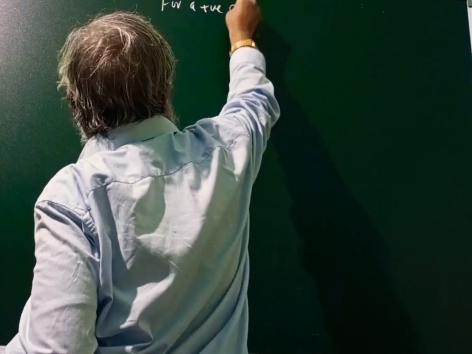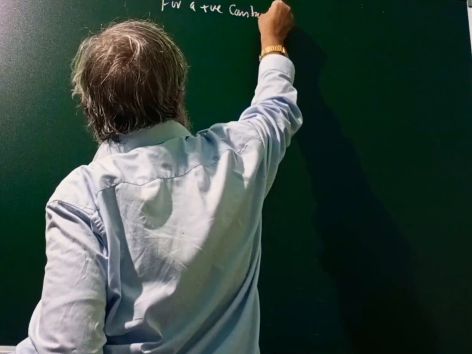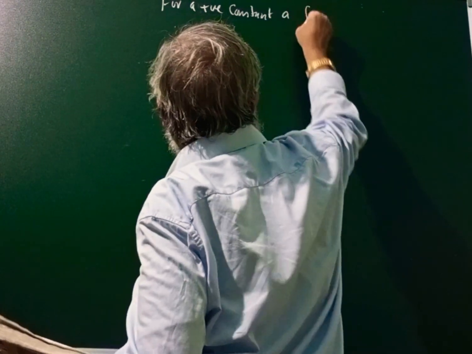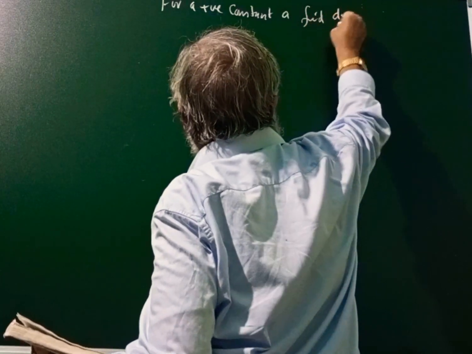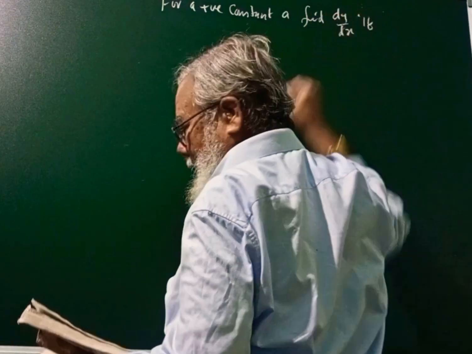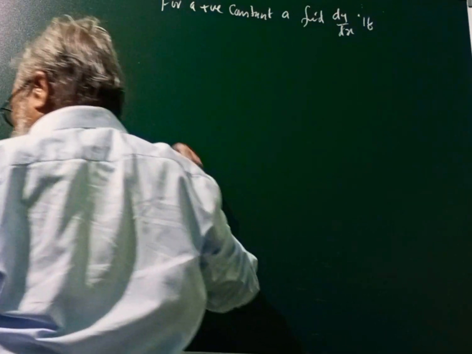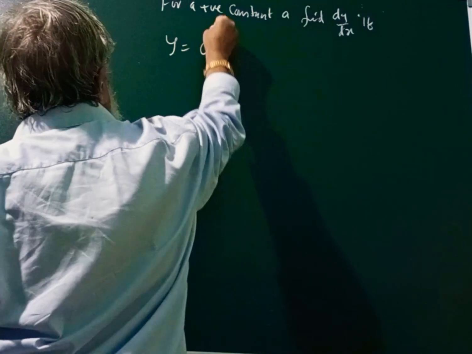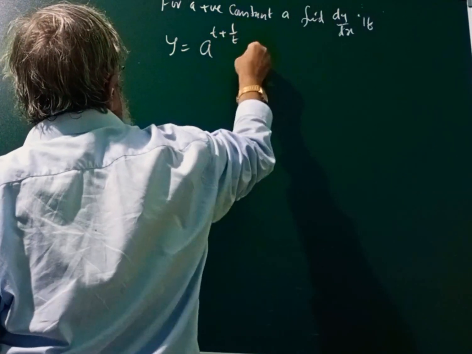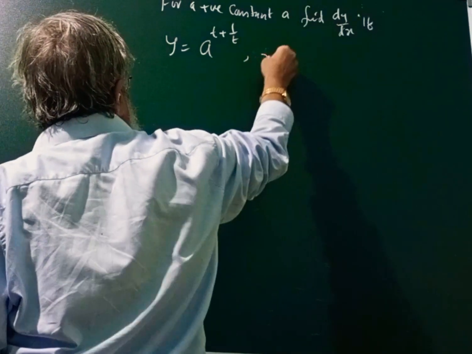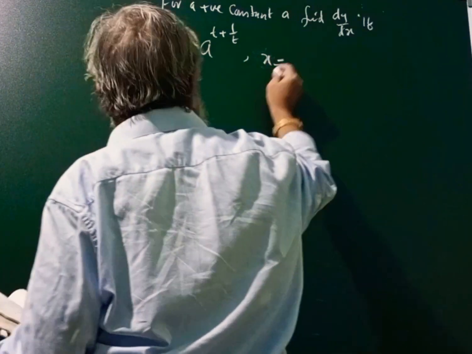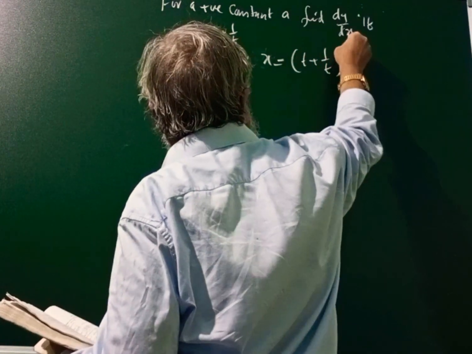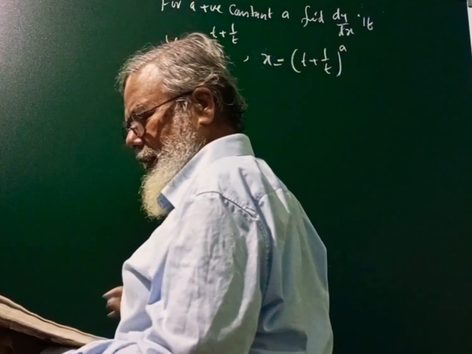If y is equal to a raised to t plus 1 by t, x is equal to t plus 1 by t raised to a. a is a positive constant, as already given.